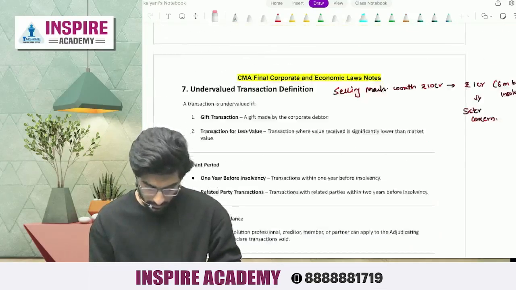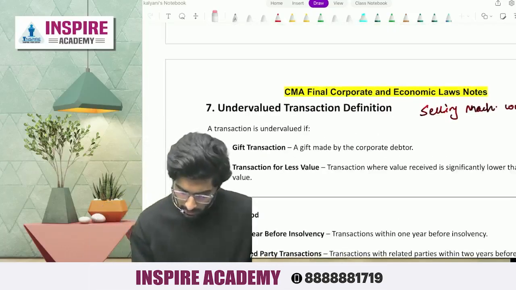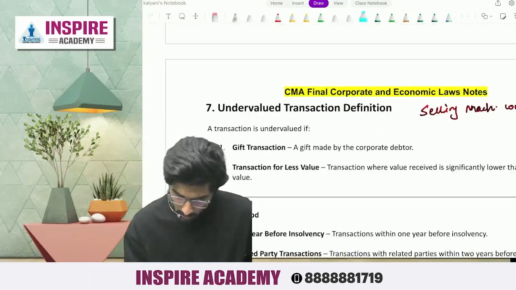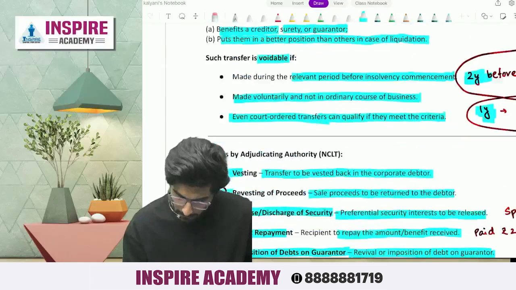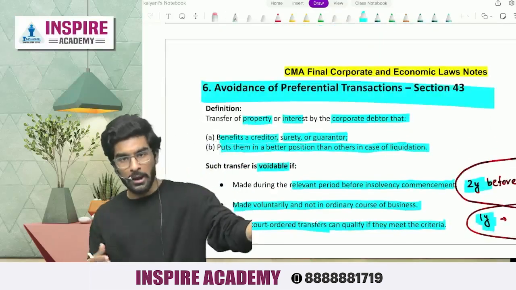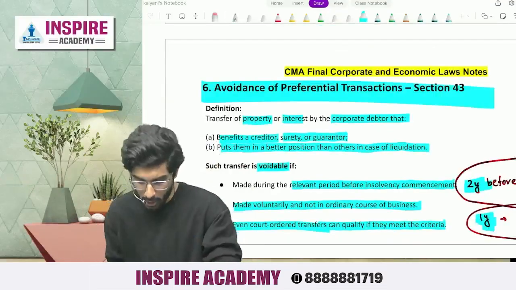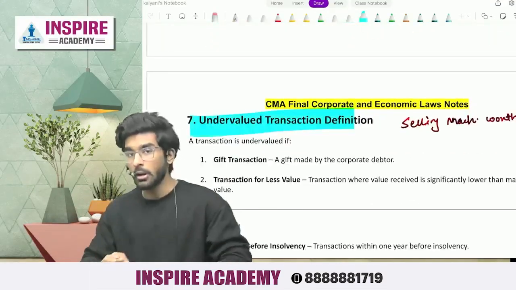So people, what is the meaning of undervalued transaction? We know the meaning of preferential transaction. If one creditor is given priority over others, it is called a preferential transaction. But over here, you are not giving preference to anyone.